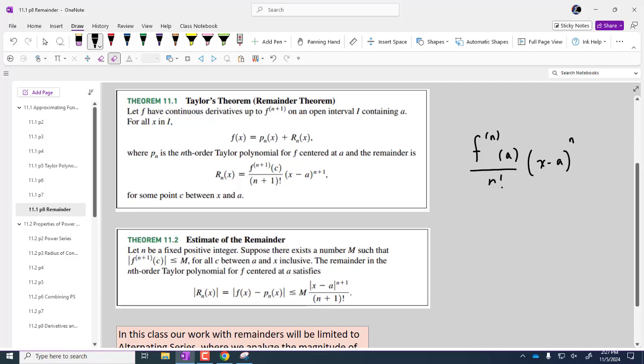That's what your general term looks like for your Taylor polynomial, or for your Taylor series. So notice, the next term will be the n plus first derivative over n plus 1 factorial, x minus a to the n plus 1. There's one difference between R sub n and the next term. What is the one difference?